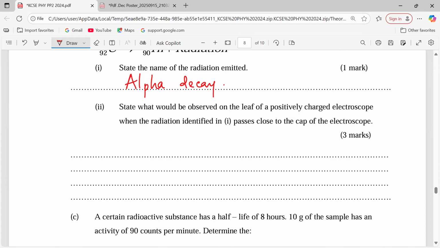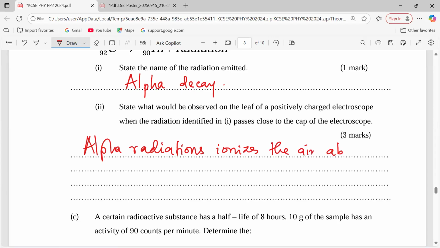When alpha radiation passes near a positively charged electroscope, it has a high mass, leading to a high ionization effect. So alpha radiation ionizes the air near the cap.